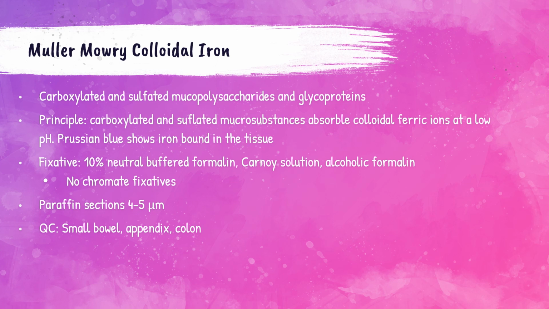So tissues need to be fixed in 10% neutral buffered formalin, an alcoholic formalin, or Carnoy solution. Chromate fixatives should not be used for this stain. For this stain, tissues need to be cut at 4 to 5 microns in thickness. QC or quality control can be small bowel tissue, appendix tissue, or colon tissue.